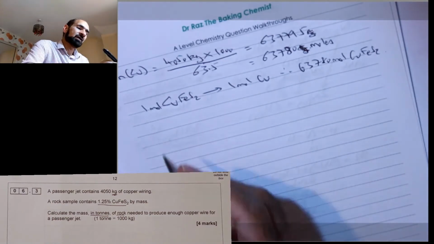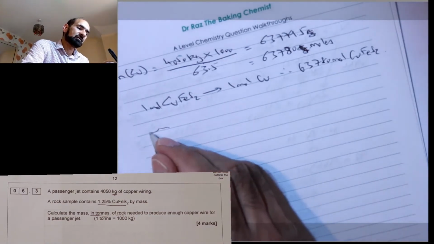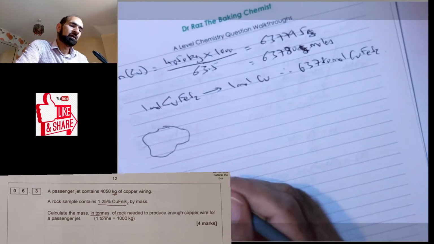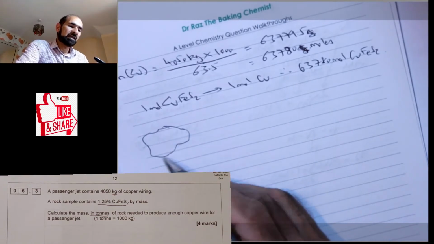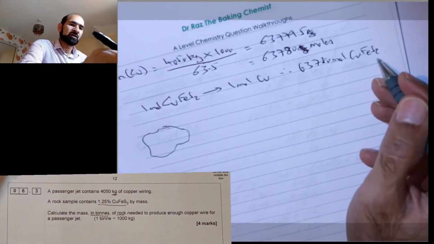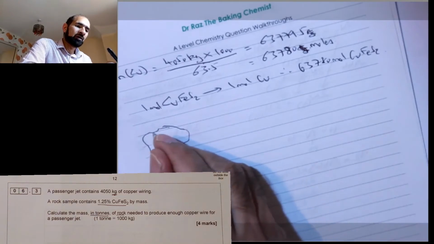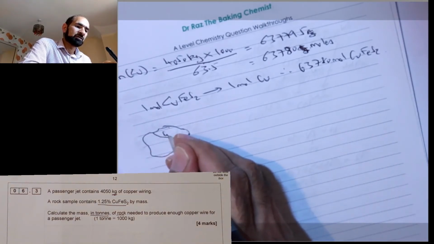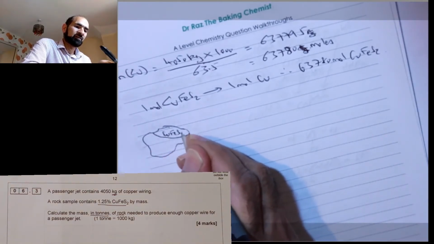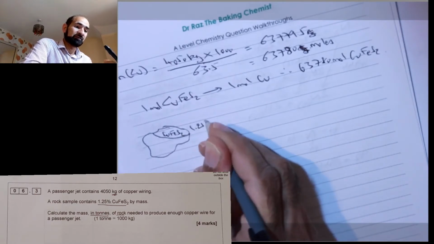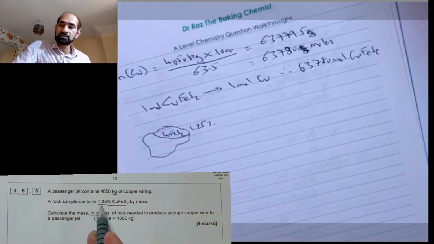Now the problem we have is, if I take an ore, not all of it is CuFeS2. Only part of it is CuFeS2, and actually just 1.25% of it, because that's what the question is telling you.